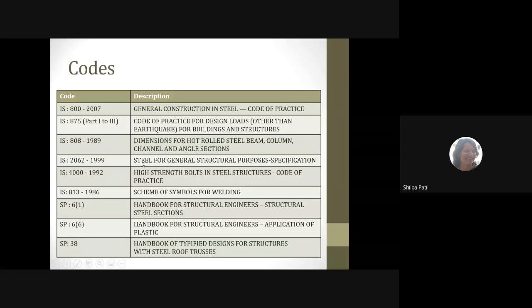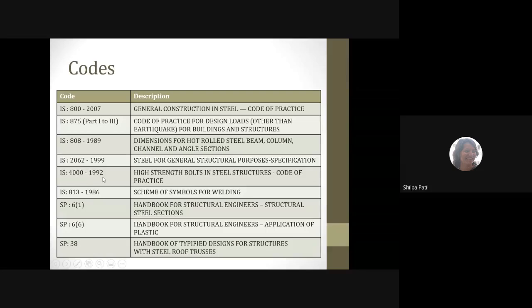But either IS 808, SP61, or steel table, anything you can use for finding the properties of various steel sections. IS 2062 gives the steel properties of structural steel, the specifications for the steel which can be used for structural or construction purposes.